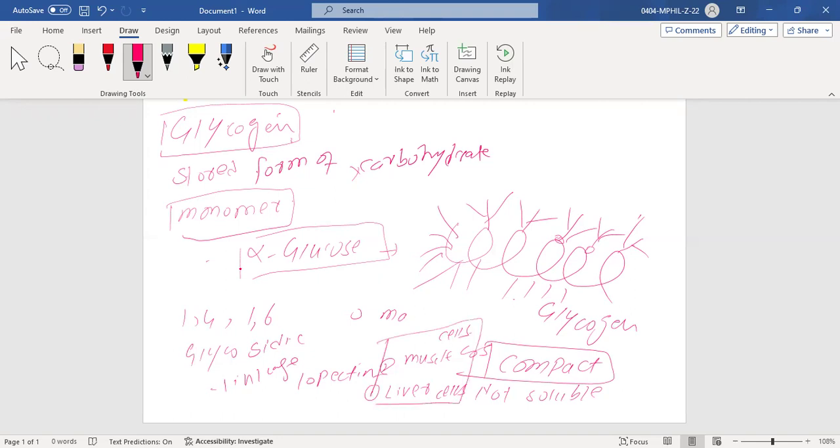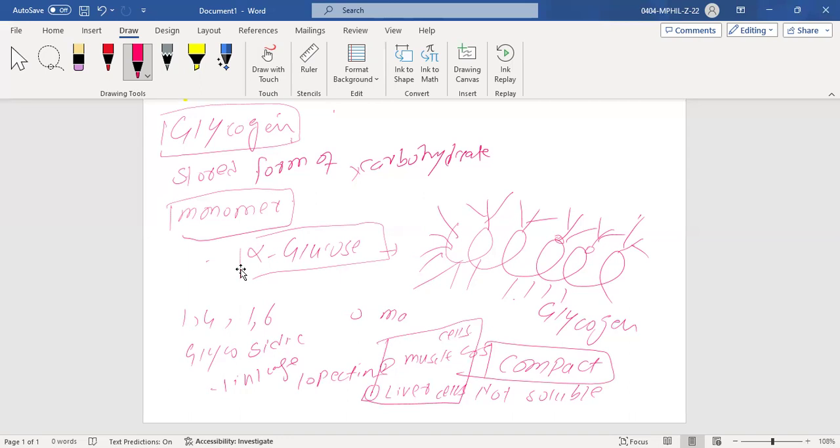These are the two main cells in the body of animals where glycogen is stored, because it is the storage form of glucose. The extra amount of glucose is converted into glycogen and stored in our body. Once we need it back, it will be converted back into glucose to provide energy in our body.